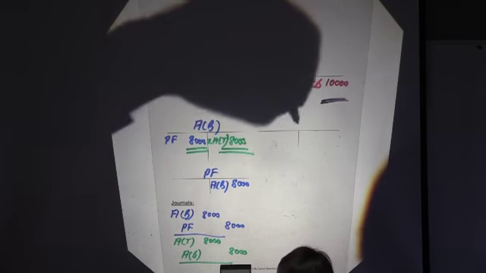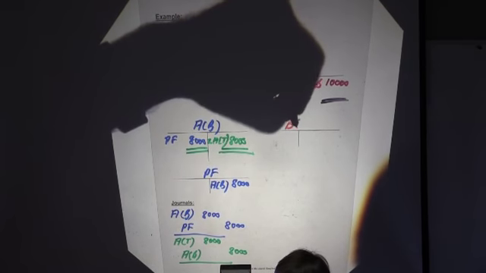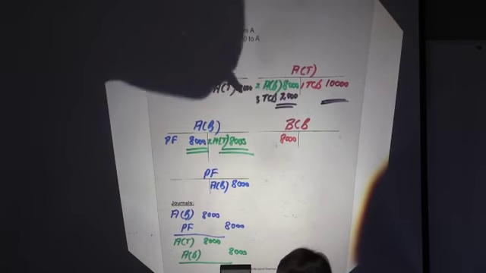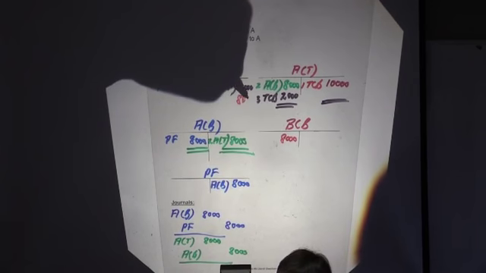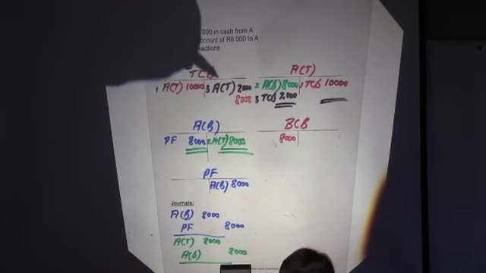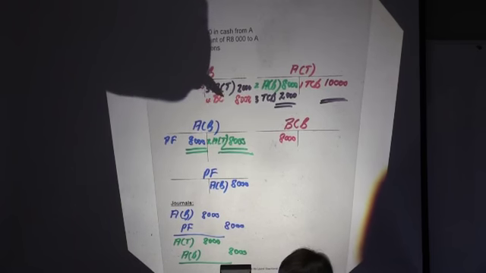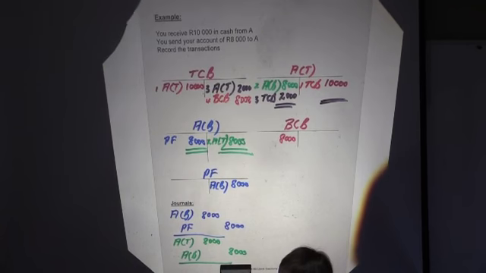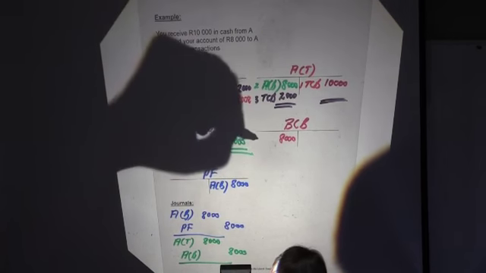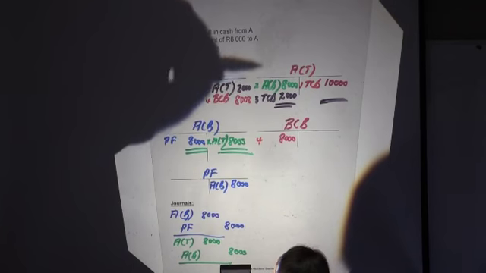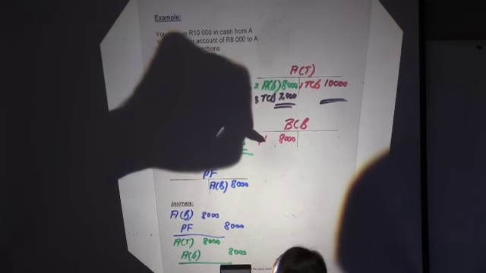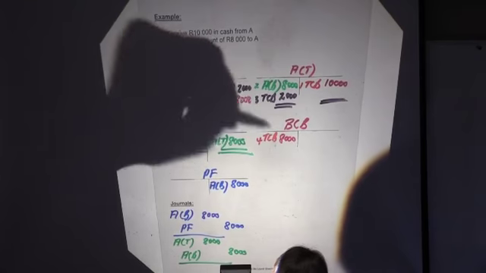We will open a business cash book and we will debit our business cash book with 8,000 rand and we will credit our trust cash book with 8,000 rand. We can put in a 4 there if you want to indicate that it was actually entry number 4, and there we will cross-reference to trust cash book.